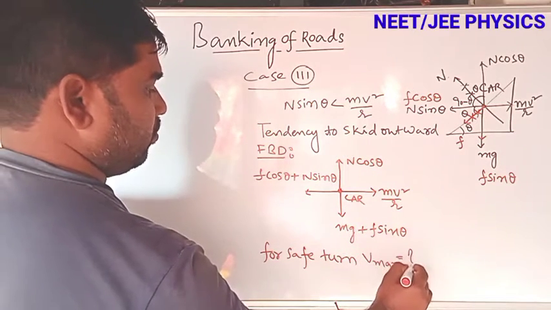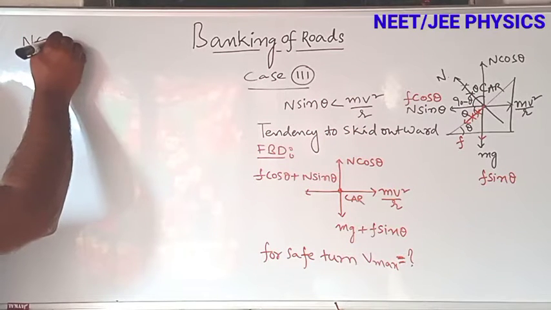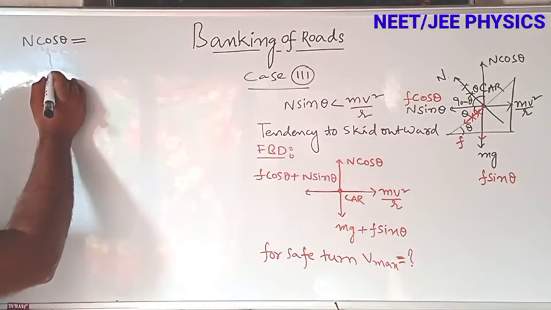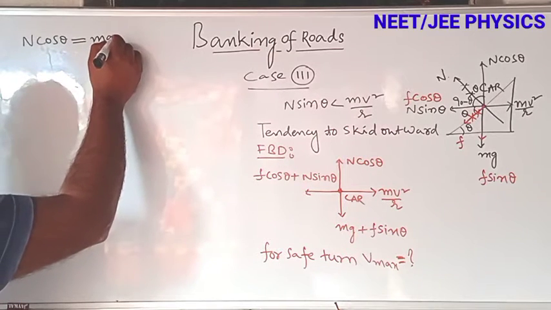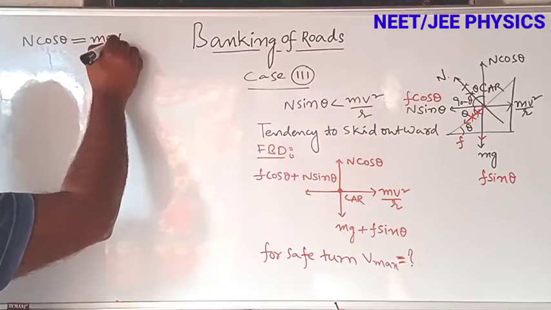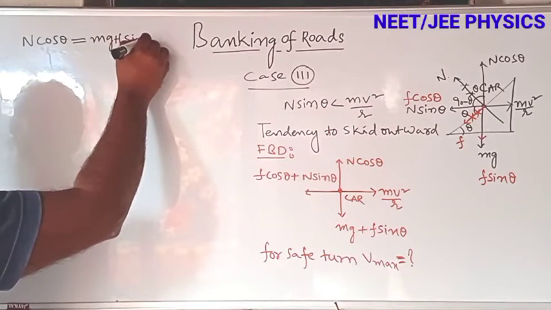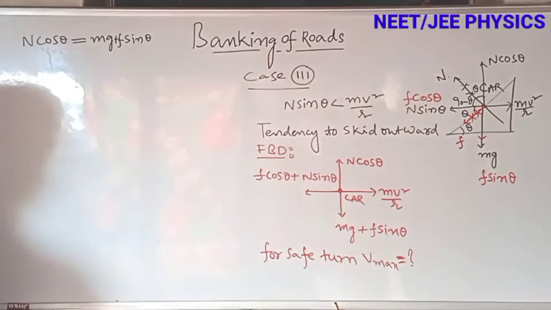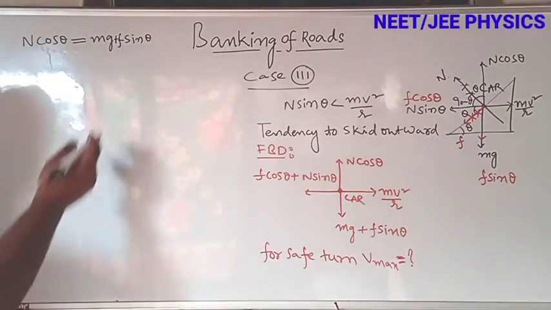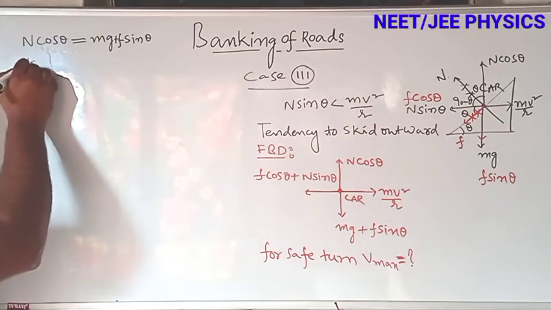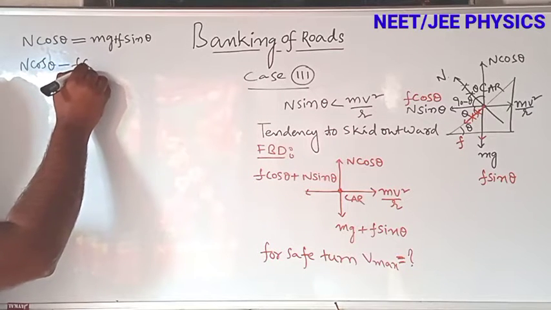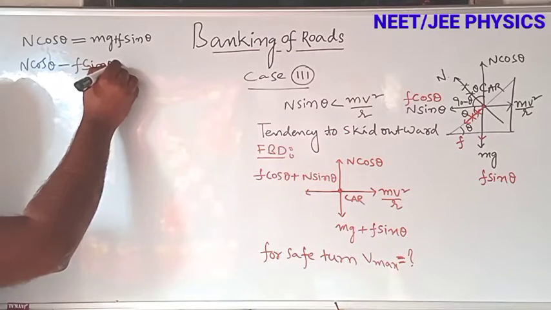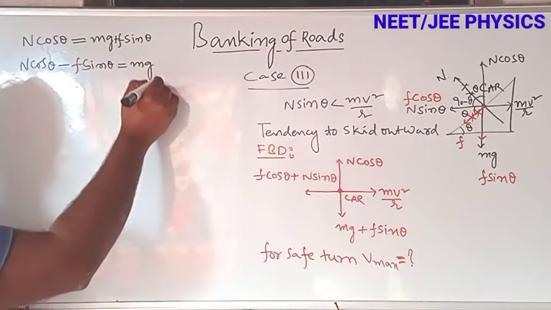What is the maximum velocity here? N cos theta equals mg plus F sin theta. Now moving this term to that side, N cos theta minus F sin theta equals mg.